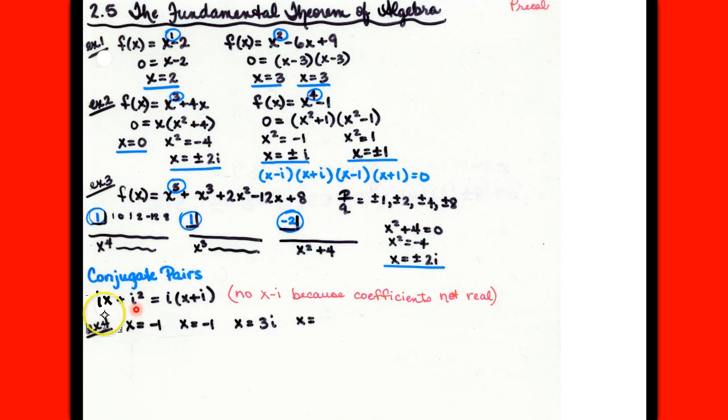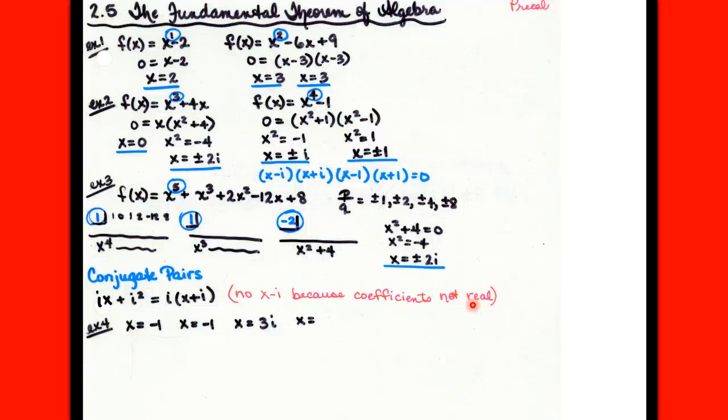So if I take out a common factor of i, I'm left with x plus i, and no, there's not a conjugate pair for that. I don't get x minus i. But the only reason for that is because I did not start with coefficients that were real. Anytime I start with real coefficients, if I get one conjugate, I will get a pair of them. It's like buy one, get one free. They always come together. All right?